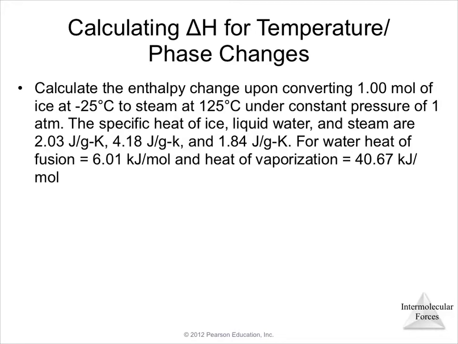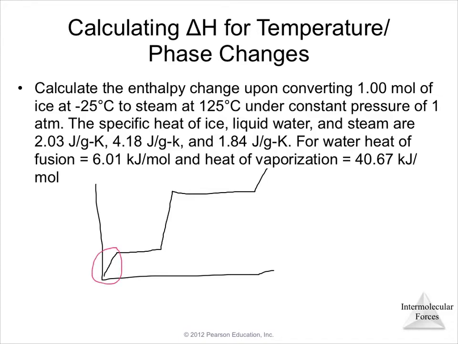So if we go back and think about our heating curve, since we're talking about water here, we had segment A to B, BC, C to D, D to E, and E to F. At this point we had ice, or solid, this point is when we had our liquid, and this is where we had our gas.